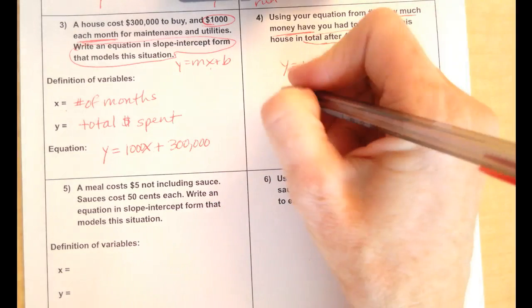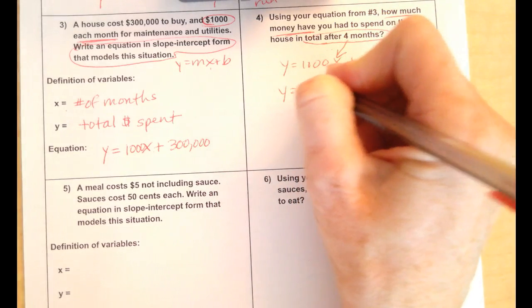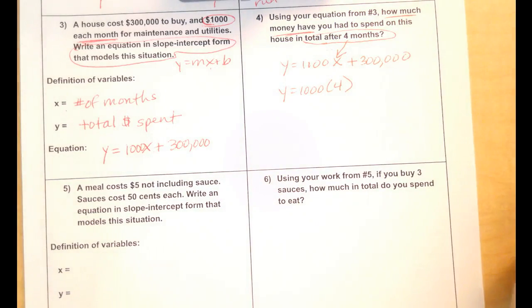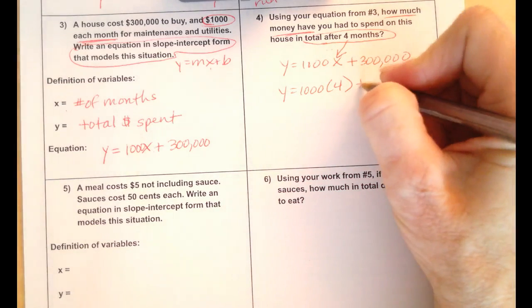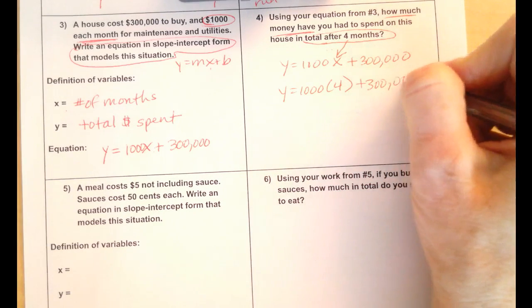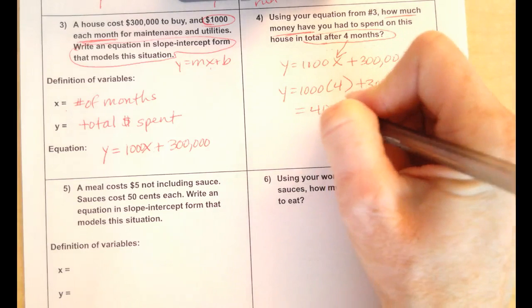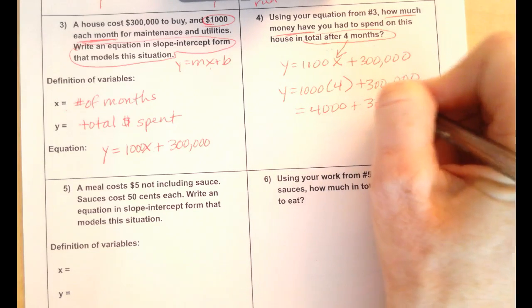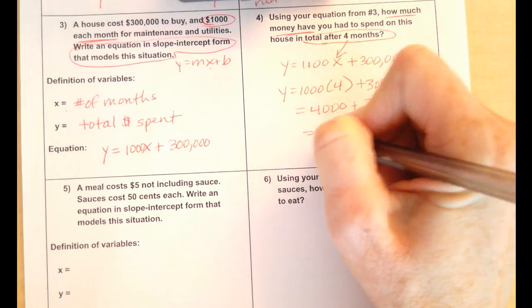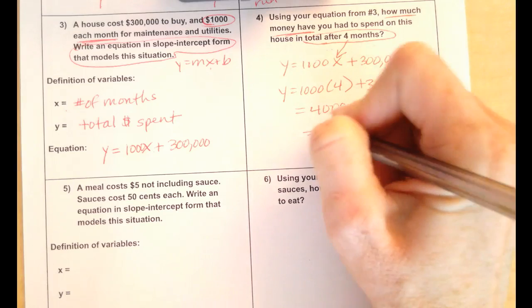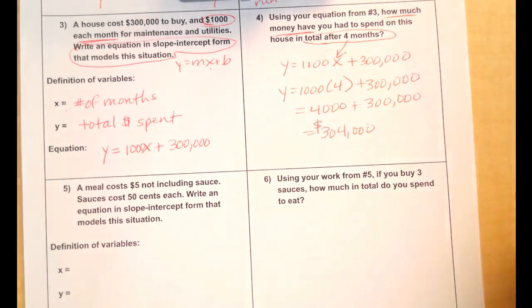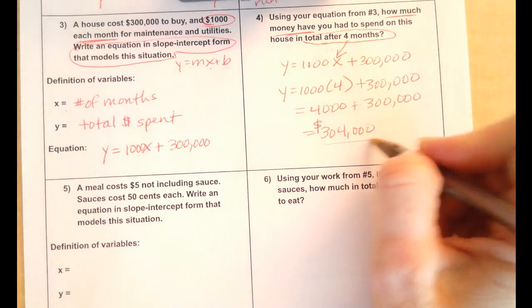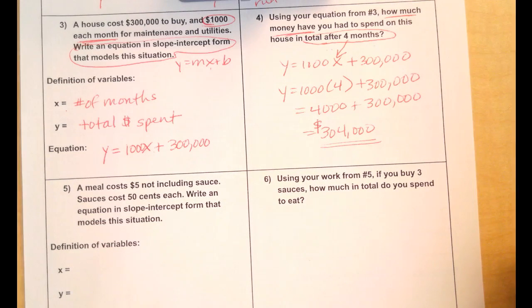They want to know after 4 months, so I'm going to put 4 in for x, because that's my number of months. And I get 4,000 plus 300,000, or 304,000, and my units here are dollars. Okay, so $304,000. All right, number 5.